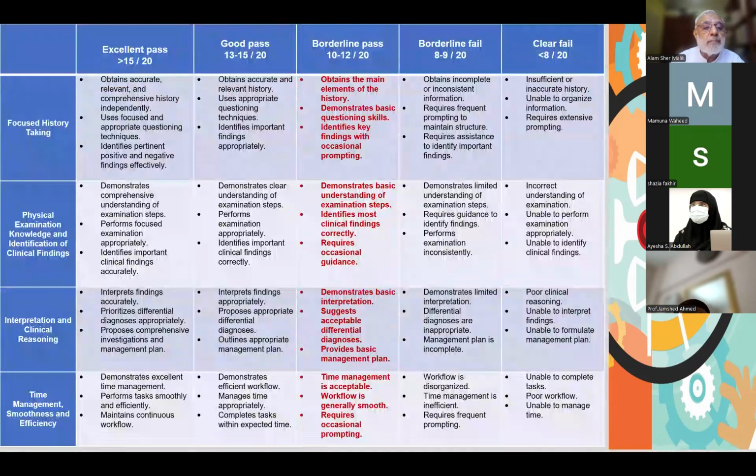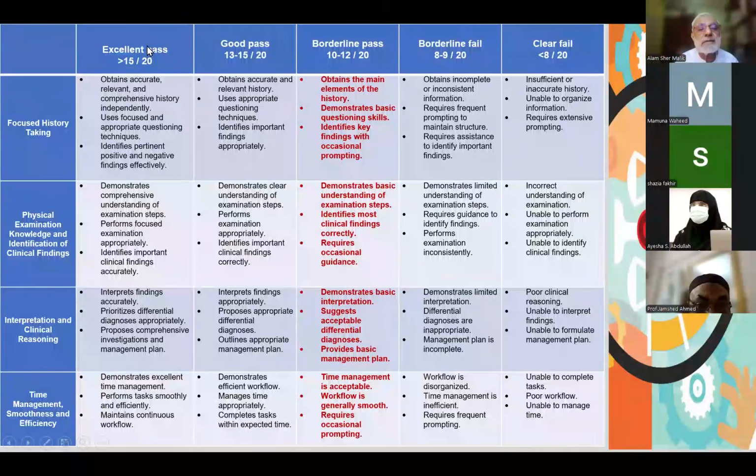Here is an example from my institution, where we have the criteria for excellent or good pass, borderline fail, and clear fail, and the history taking and all. And here you see that we have a criteria.